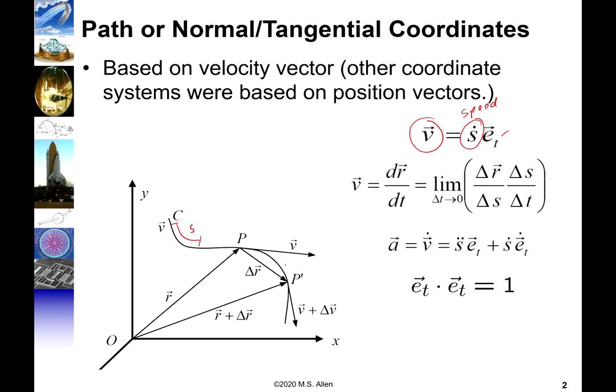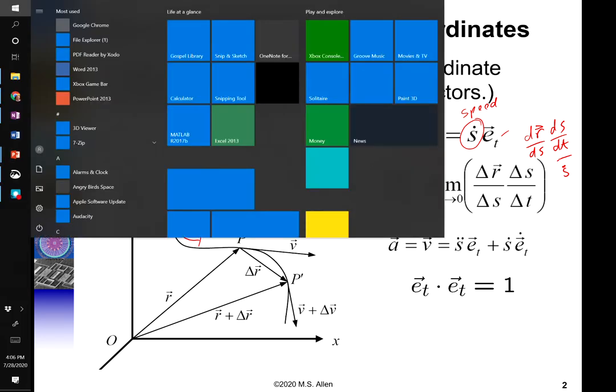So we start from velocity, and this is useful in a lot of ways. One thing we'll point out is that the velocity is the derivative of position with time, and we can think of breaking that into two parts: dr/ds, where r is a vector, times ds/dt. This one's just the speed, s dot.